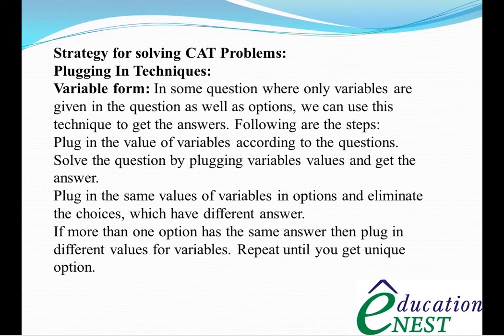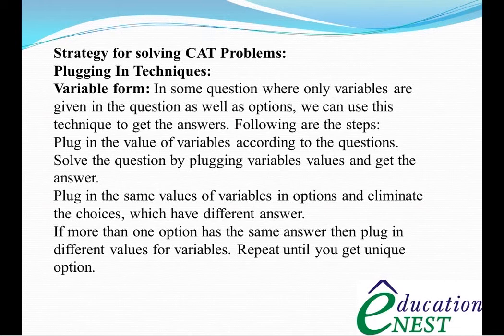Now let's take a problem. Strategy for solving CAT problems: plugging in techniques. In some questions where only variables are given in the question as well as in the options, we can use this technique to get the answers. Following are the steps. Plug in values for the variables according to the question.